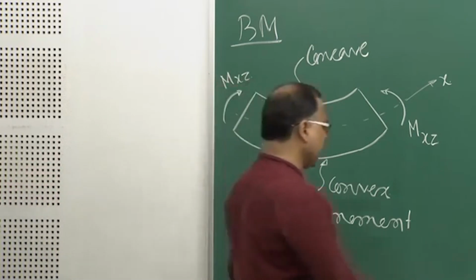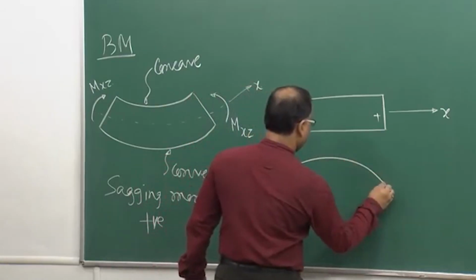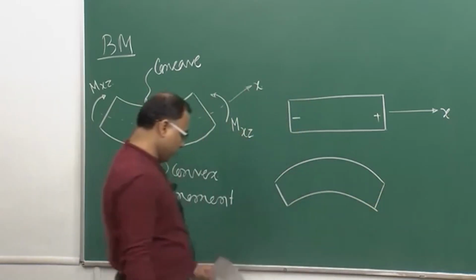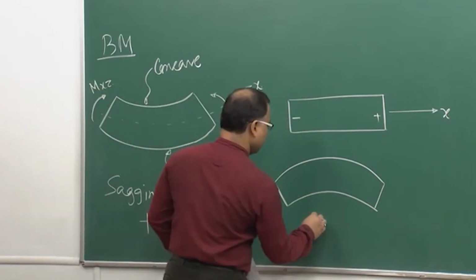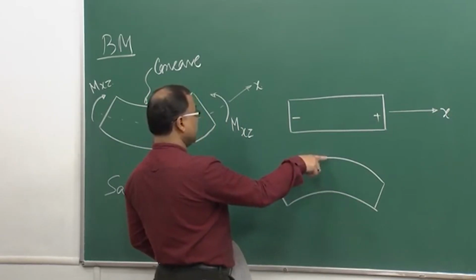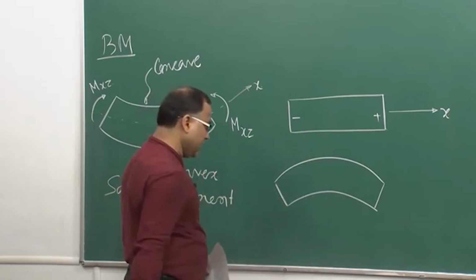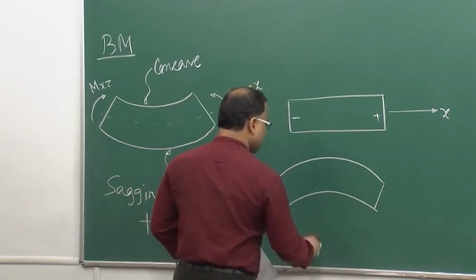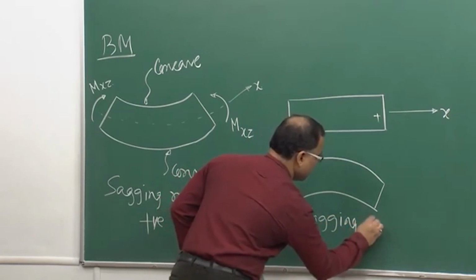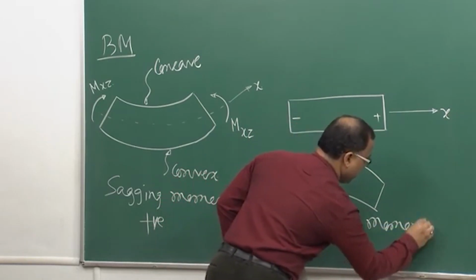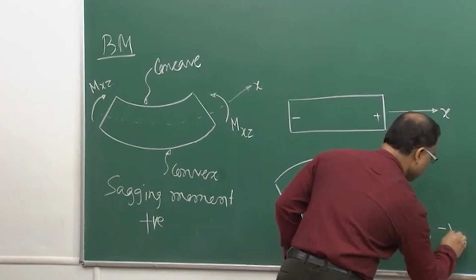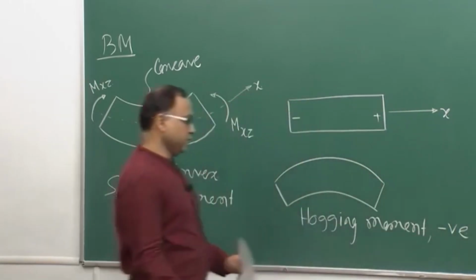Similarly, if you have this kind of configuration due to the application of moment, the concave is now coming at the bottom fiber and convexity is coming on the top fiber of the slender member. This is nothing but hogging moment, and therefore, as per our definition, this will be defined as negative bending moment.